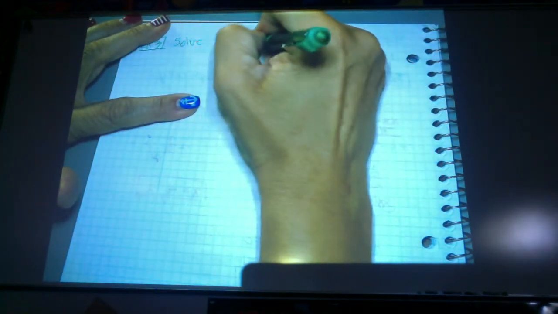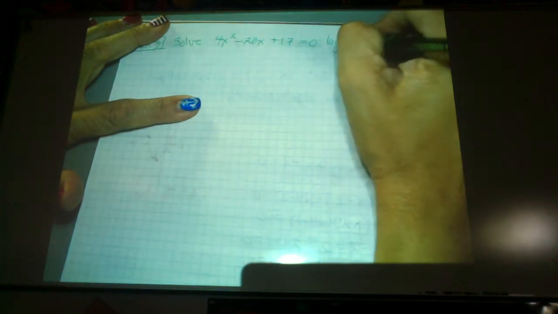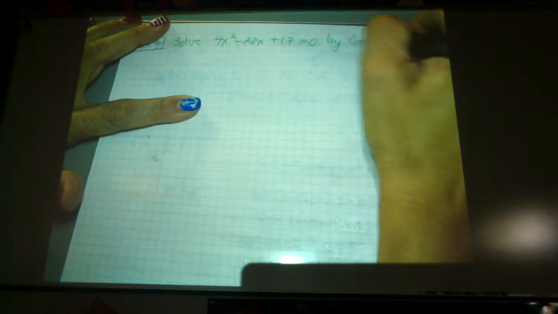Example 3, this is a fun one. Solve 4x squared minus 20x plus 17 equals 0 by completing the square.